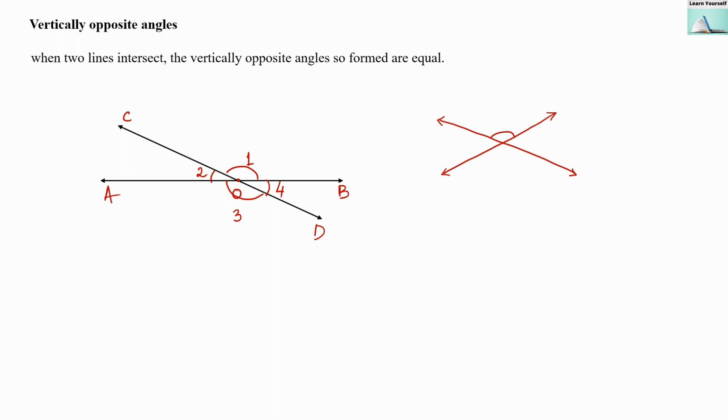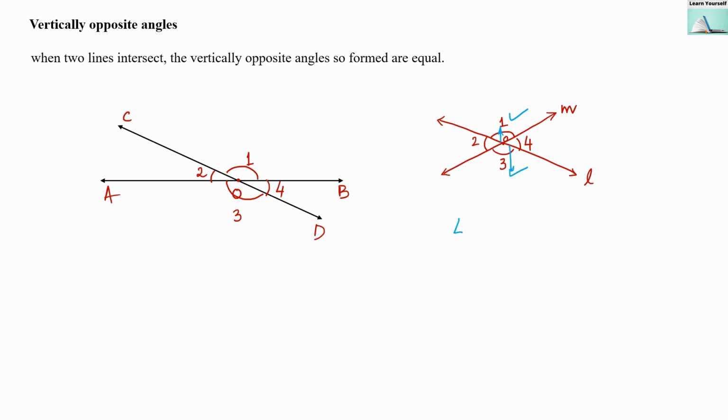So this is angle 1, angle 2, angle 3 and angle 4. Now suppose lines L and M are intersecting with each other at point O. So vertically opposite angles. Here you can see two angles, angle 1 and angle 3, are vertically opposite to each other.